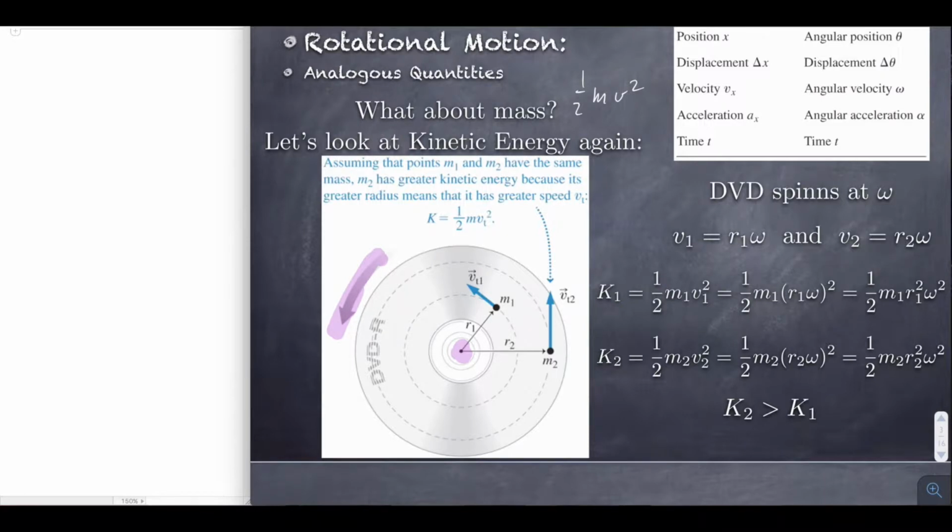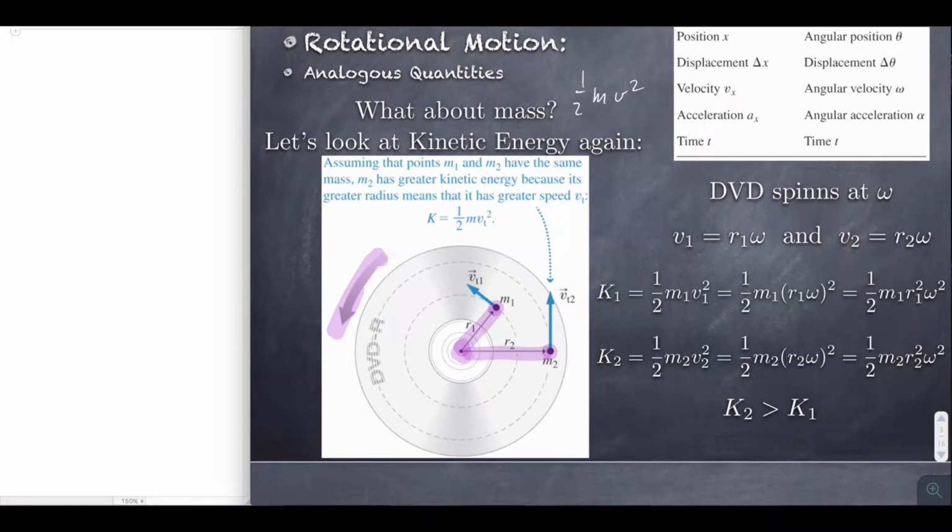So look back at our example. Here we have two pieces of mass, really tiny parts of the Blu-ray or DVD disc here. And of course they're at some radius r1 and radius r2, and they're moving or rotating. And so if they're rotating, they're going to have some tangential velocity here, and then right here they'll have again tangential velocity.